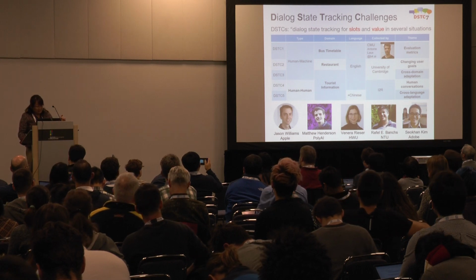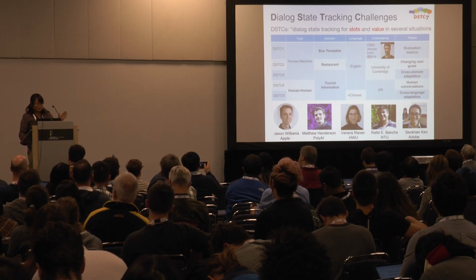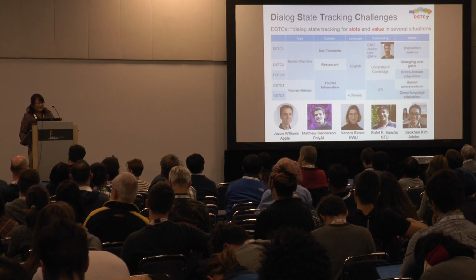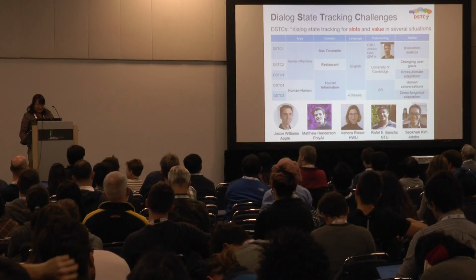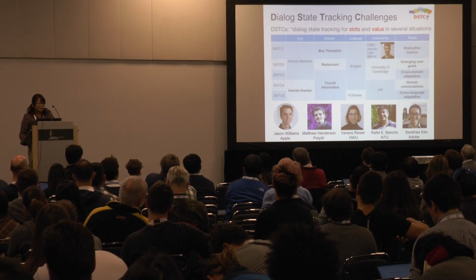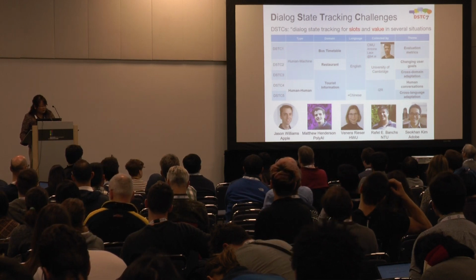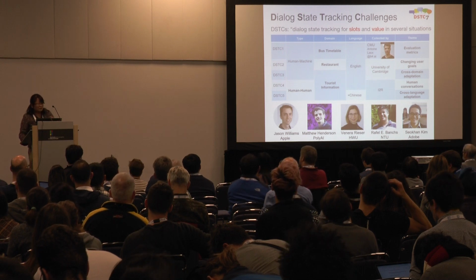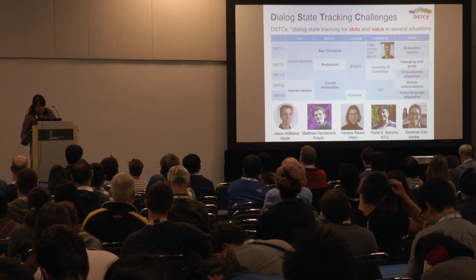At the time, bus timetable was used for the data set, and then restaurant retrieval, and then tourist information was targeted. At the beginning, a human-machine dialogue data set was used, and then tourist information, human-to-human dialogue was targeted.